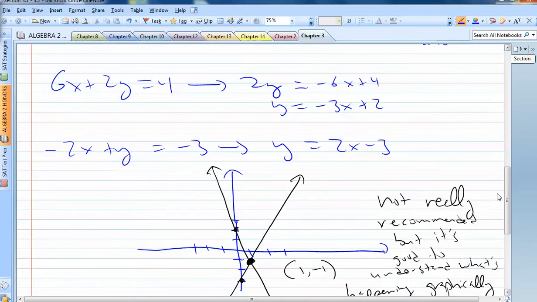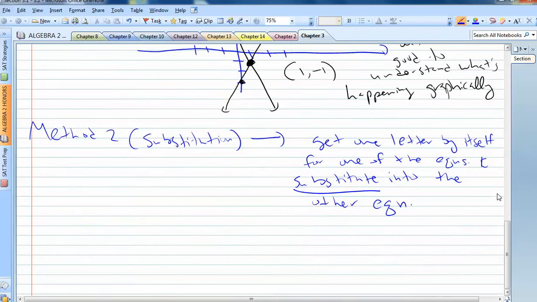So, again, our equations were 6x plus 2y equals 4, negative 2x plus y equals negative 3.